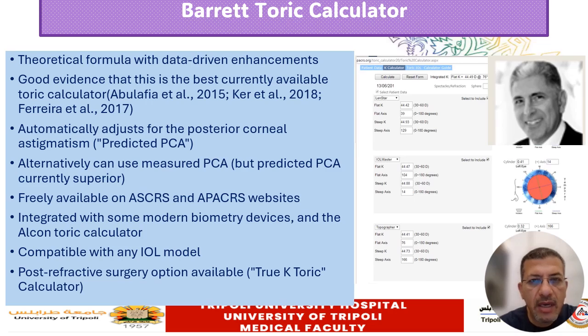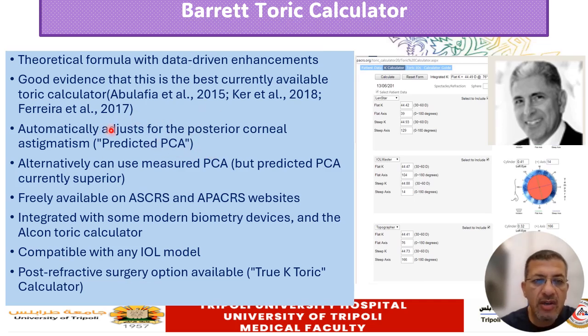Among the most common online toric calculators available in the market is the Barrett toric calculator. That's why I will say a few words about it. It is a theoretical formula enforced by data regression analysis, so that it gives a high degree of precision, and it is one of the most accurate formulas available in the market. It predicts the value of the posterior corneal astigmatism.